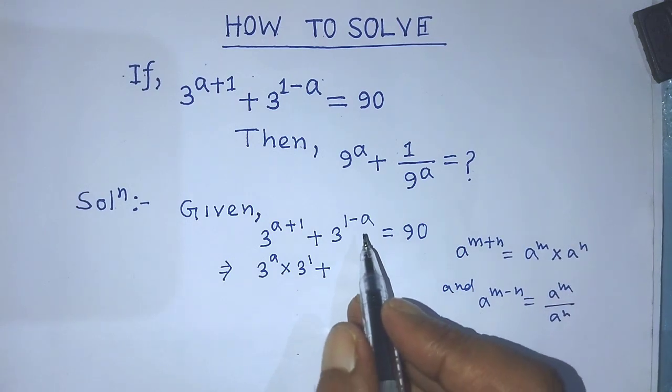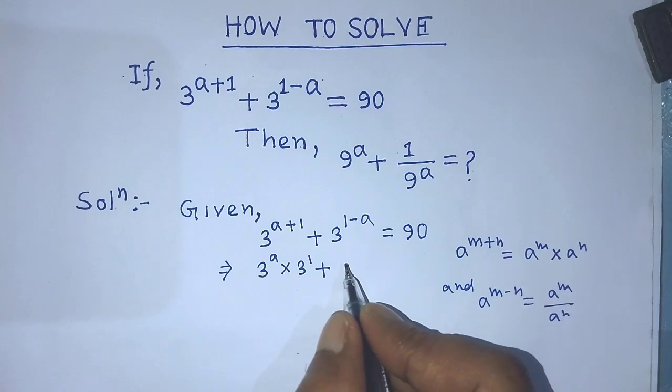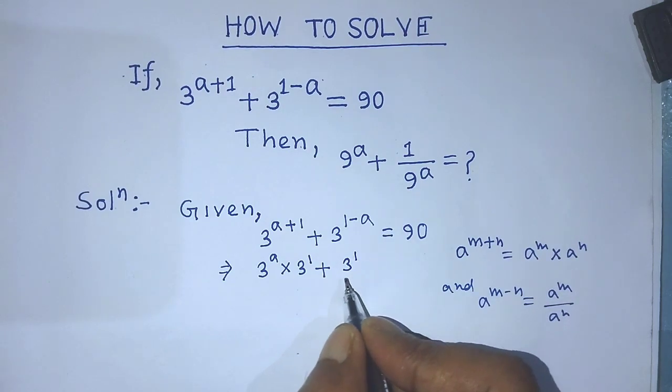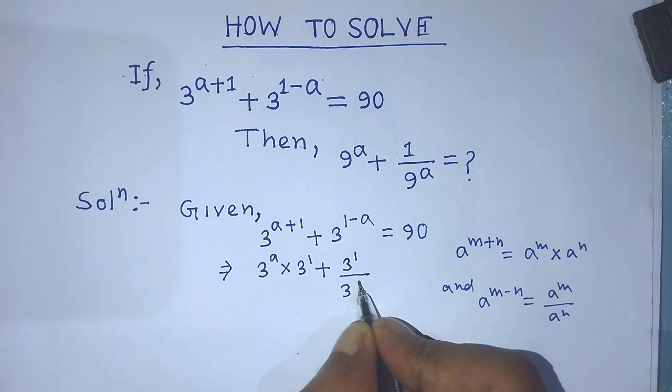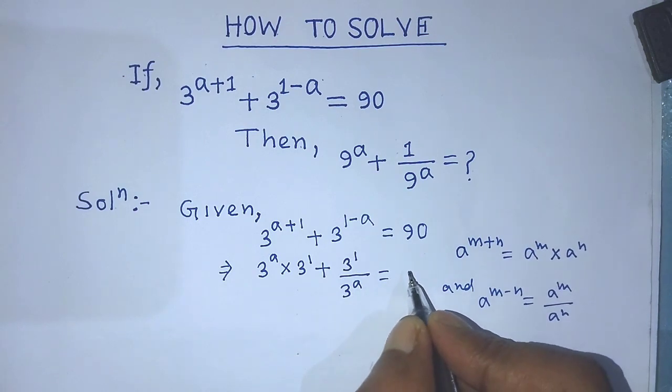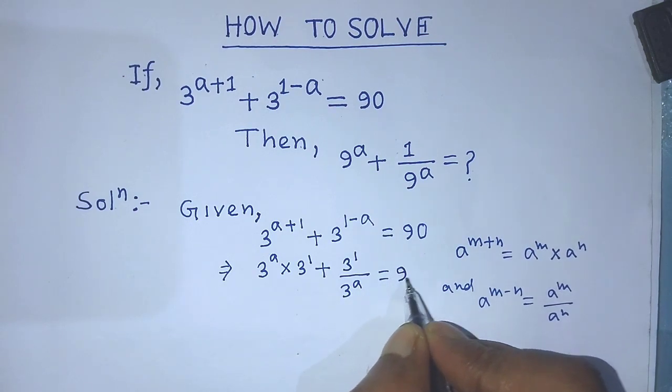So we can write from this term 3 to the power 1 over 3 to the power a is equal to, on the right hand side again we have to write 90.